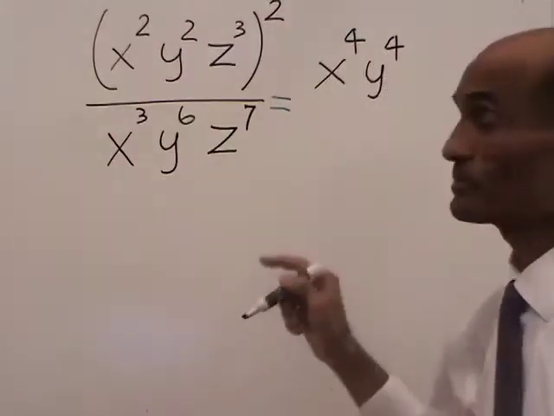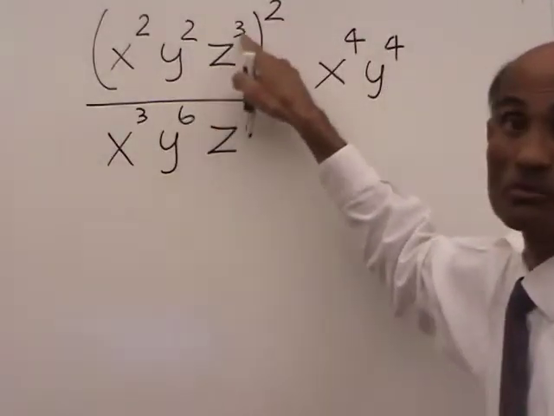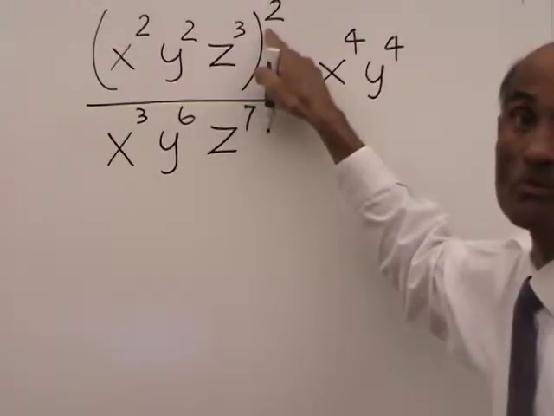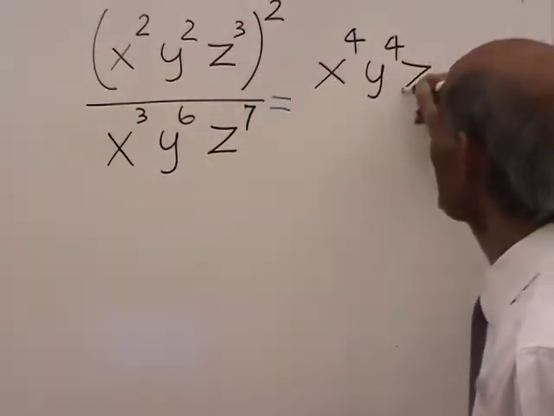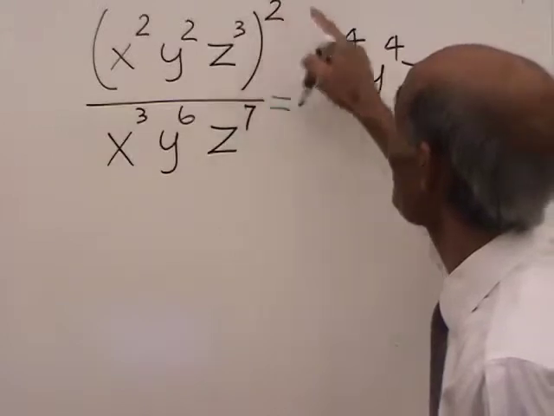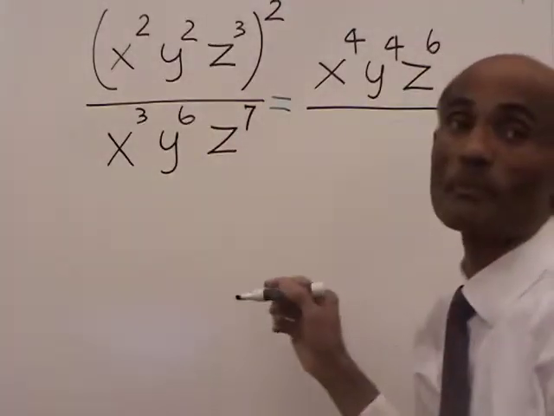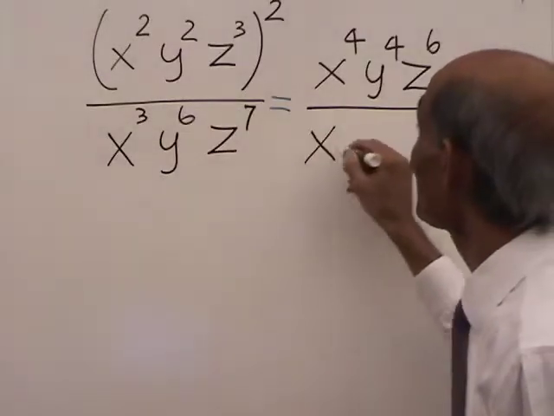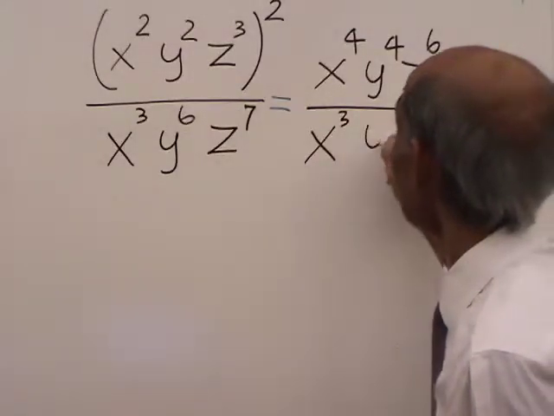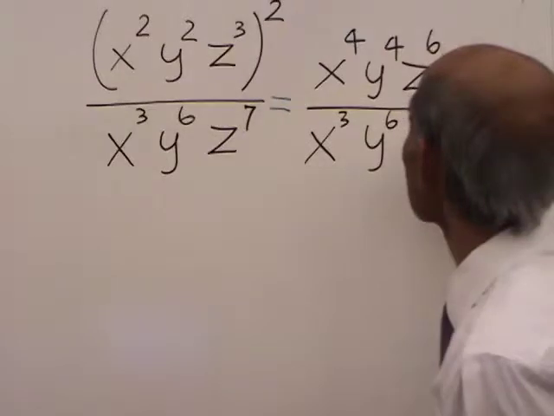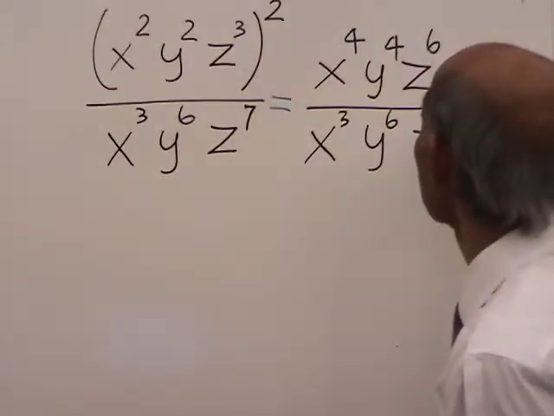That is 4. Z to the power of 3 raised to the power of 2 is z to the power of 3 times 2, that is 6, all over. Denominator is x to the power of 3, y to the power of 6, z to the power of 7.